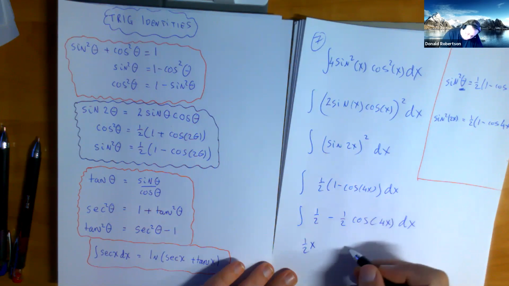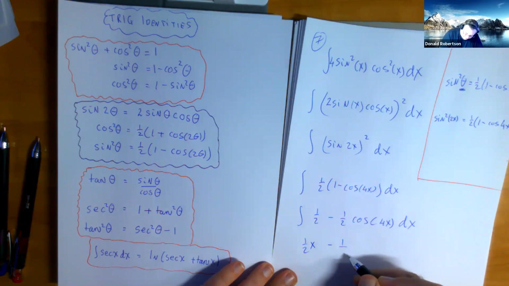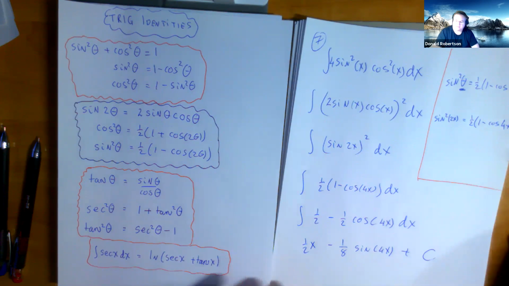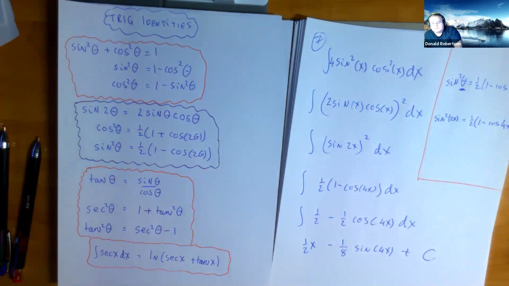The 4 gets you another quarter. So you get negative 1/8 the sine of 4x, add C. So this question was really done by identities, repeated use of 2 different identities, essentially.